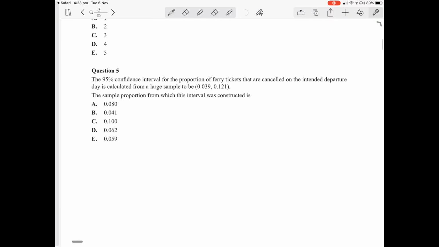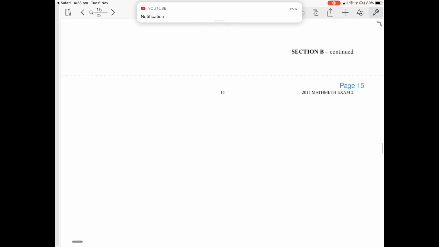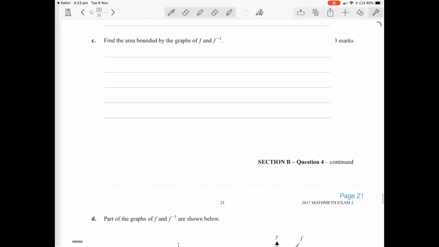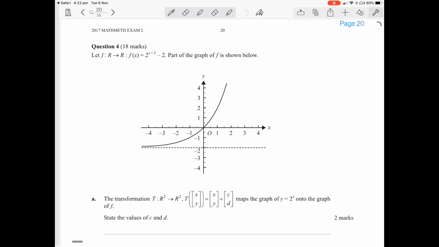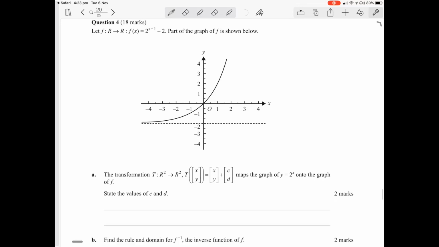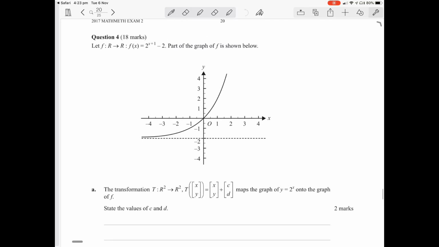Okay, so the last question. Here we've got the graph of 2 to the x plus 1 minus 2. Part of the graph is shown below. The transformation that maps the graph of 2 to the x onto the graph of f.